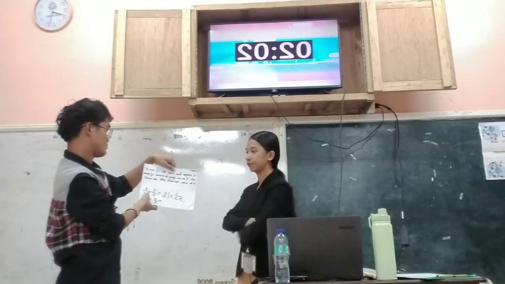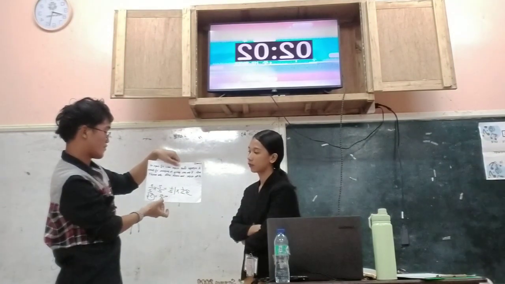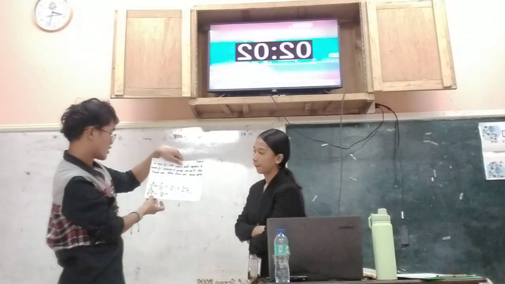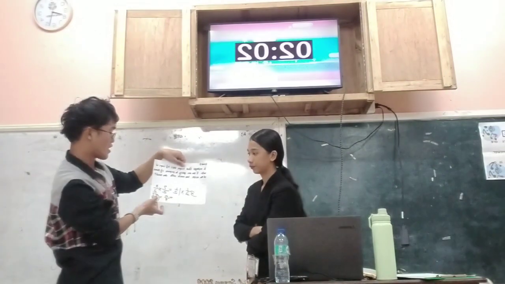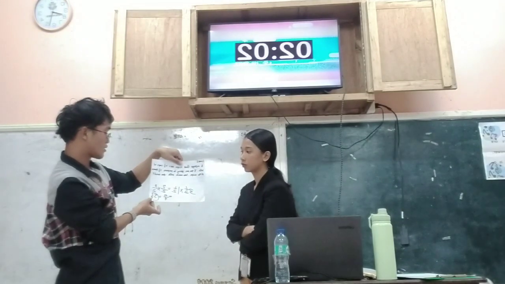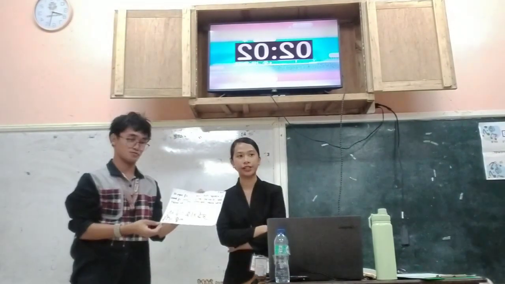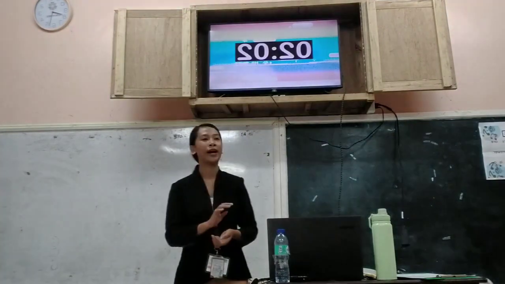Okay, very good. Times 3 over 2 equals 21 over 4. Then for the answer, I will divide 21 by 4. The answer is 5 and 1/4, and the 5 and 1/4 has no lowest term. Very good. Okay, group 2, please give 5 claps to group 1.